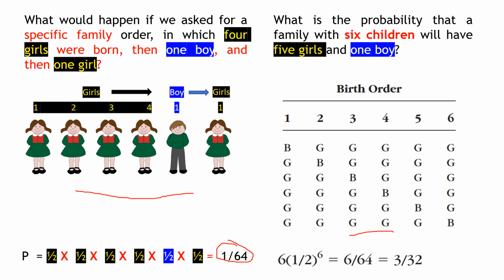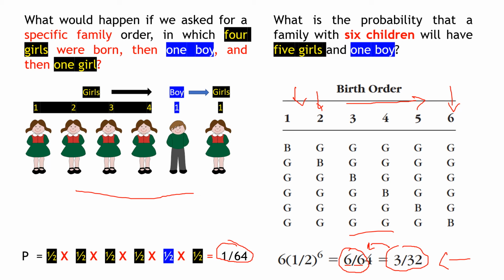Here, on the other hand, your probability is 3 out of 32, or 6 out of 64, because you have 1, 2, up to 6 different ways to do the same thing. So this probability is much higher than this one, and in this kind of exercise that makes a lot of sense.